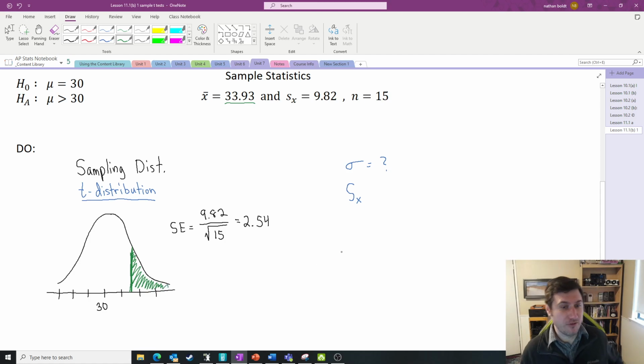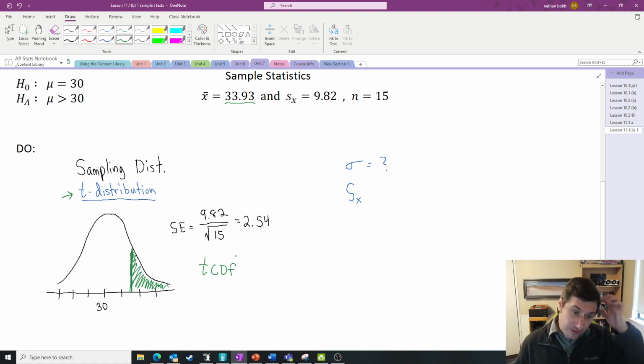Normal CDF vibes, right? Well, actually, not normal CDF vibes, because we don't have a normal curve. We have a t-distribution. So yes, we essentially want a tcdf. Not a normal CDF, a tcdf, to find that area.